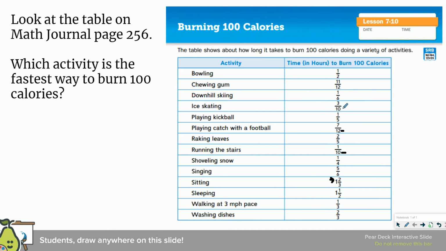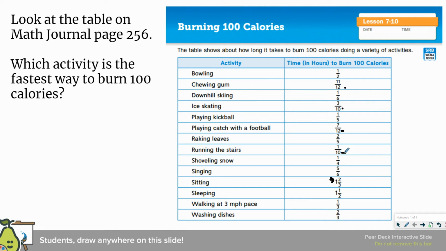Okay, so as I'm looking here, I see these four that pop out because remember the fraction that has the smallest denominator is the bigger pieces. And so I want the bigger denominators for smaller pieces.